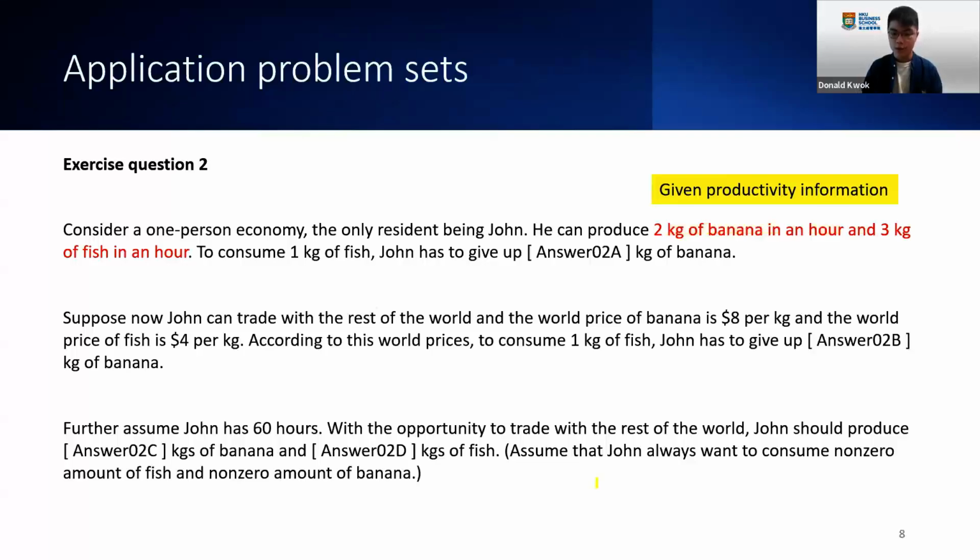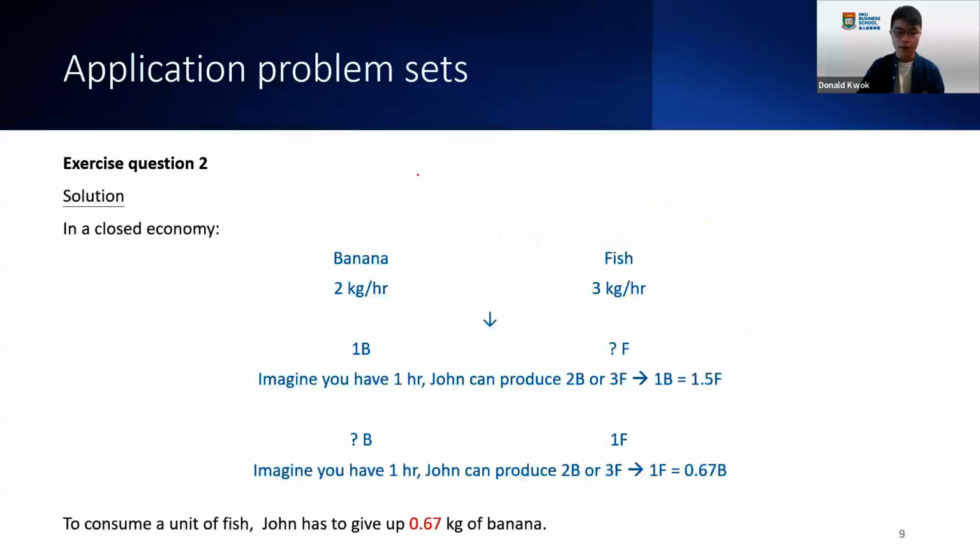Actually, the question is quite the same, just that we have different information, okay, the productivity of producing banana and fish here at the beginning. Okay. So to consume 1 kg of fish, John has to give up how many units of banana? Again, we are going to use time to connect the two goods. Given 1 hour, John can use it to produce 2 kg of banana or 3 kg of fish.